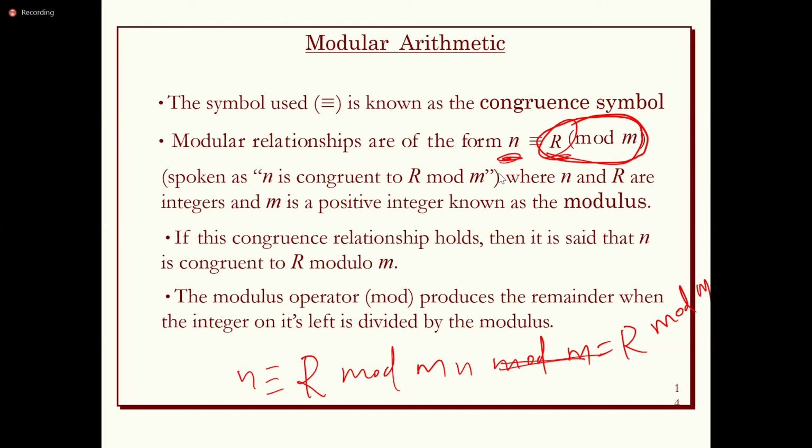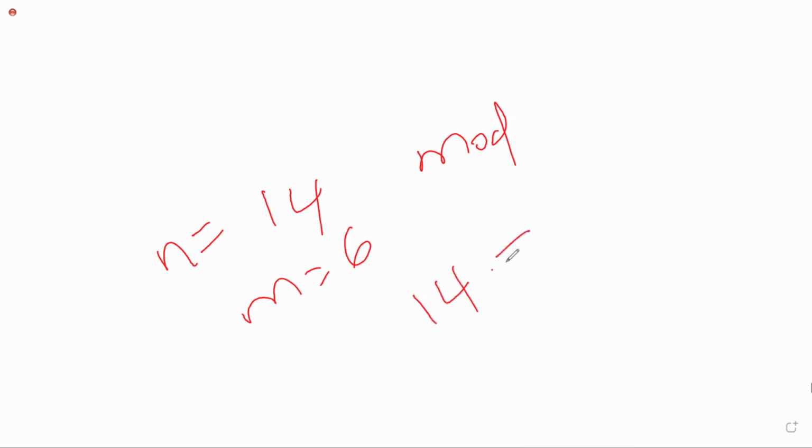Like if we take some number, n is equal to 14, and the mod value m I'm going to consider as 6. Then we can write 14 is congruently equivalent to 2 mod 6, because 2 is the remainder.